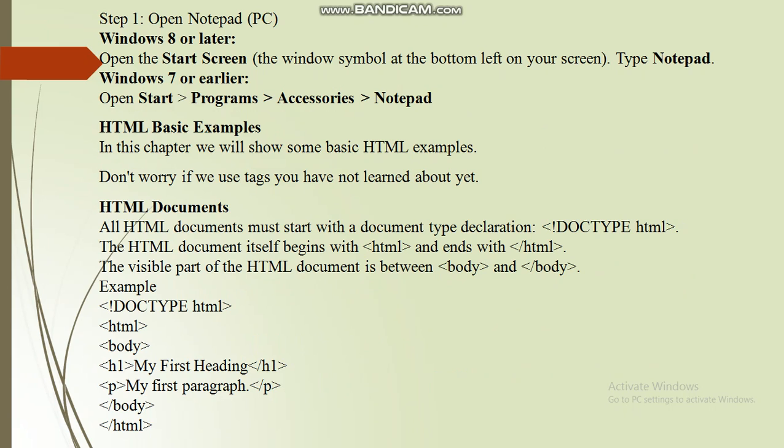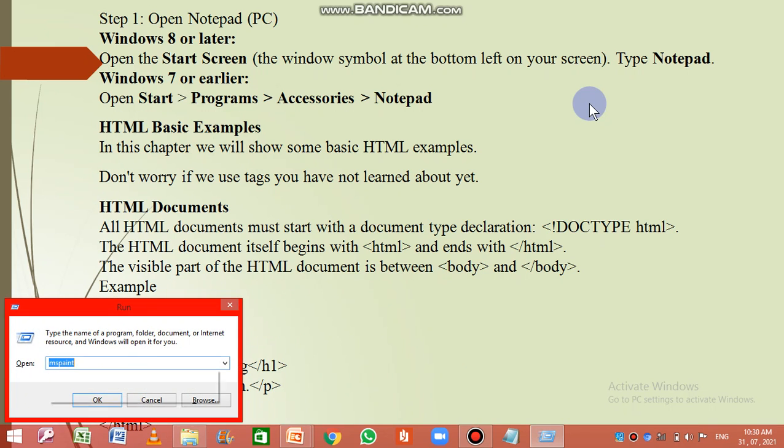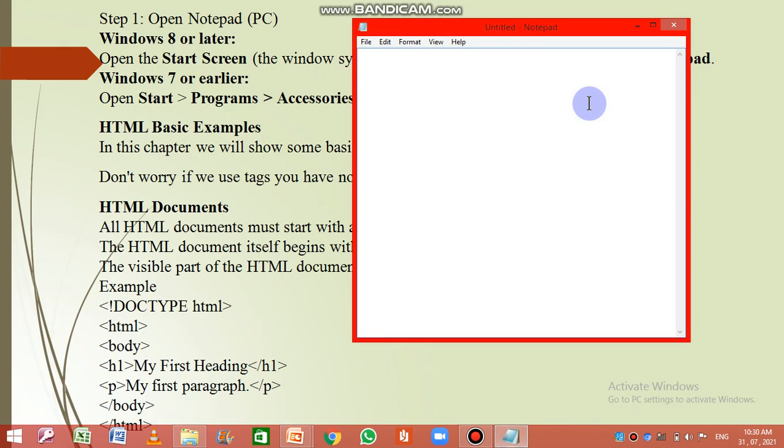You can click on the Start button, Programs, Accessories and Notepad, and from the Run panel also you can open Notepad. As I am going to open it, just see, as you type Notepad inside the Run panel and hit the Enter key, the Notepad window appears on the screen. So this way you are able to open Notepad.